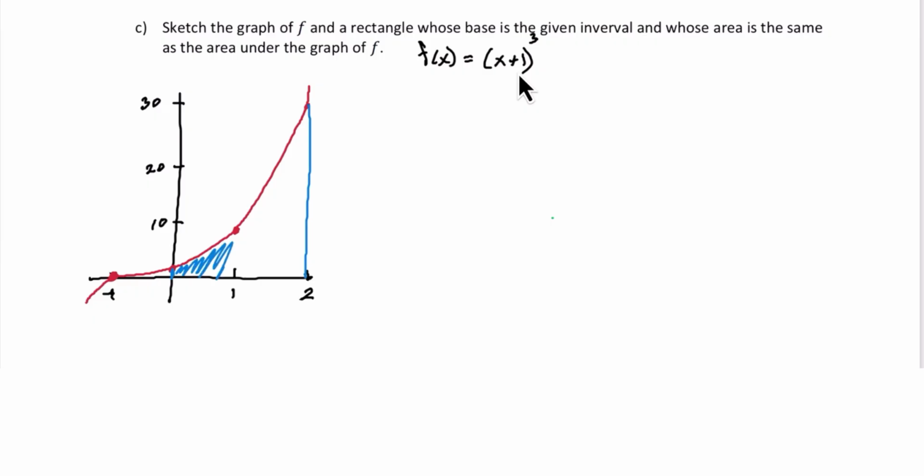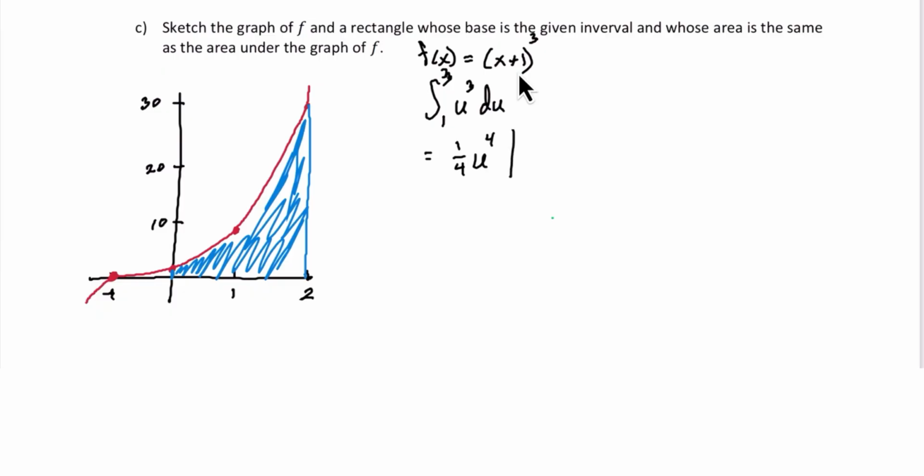Let's look at the area under this curve first. So if we're integrating, from earlier, we did a u substitution. We did 1 to 3 u cubed du. That will be 1/4 u to the 4th from 1 to 3.